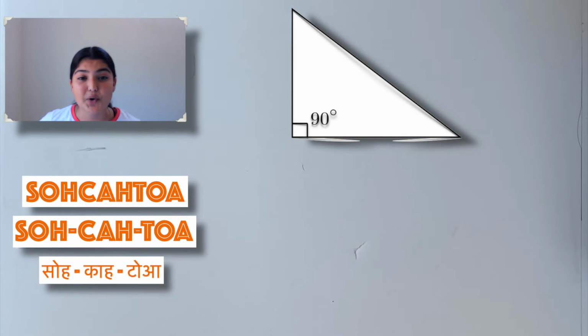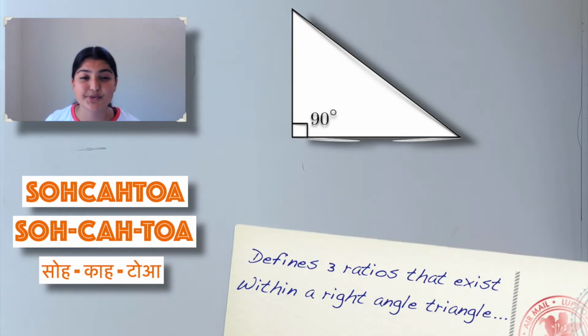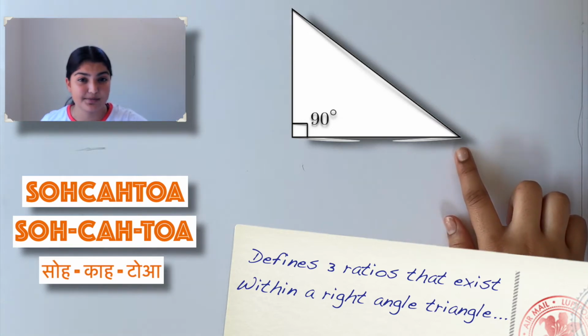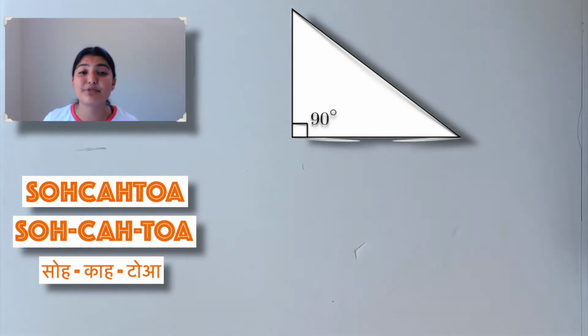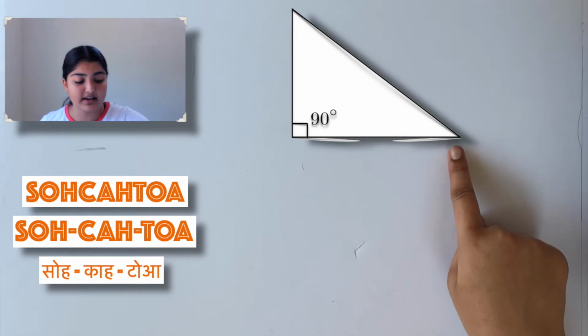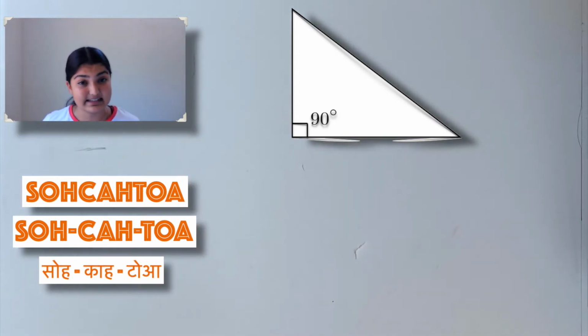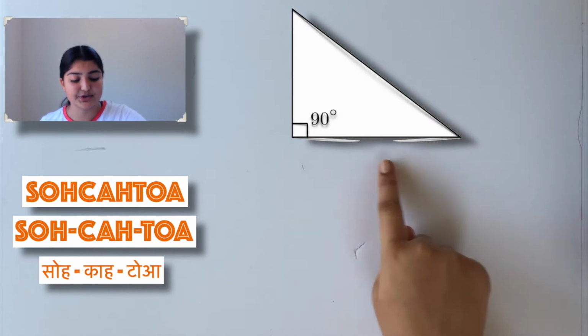Well, SOHCAHTOA defines 3 ratios that exist within this right angle triangle. But before we define these ratios, let's start by labeling one of these 3 angles and each of these 3 sides.